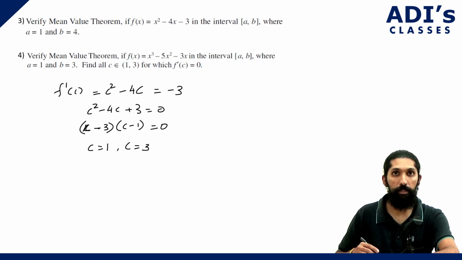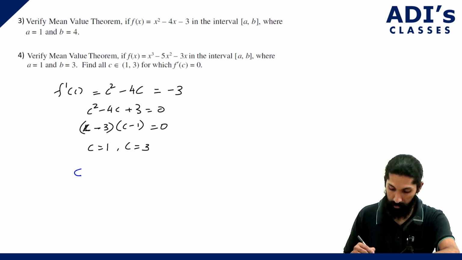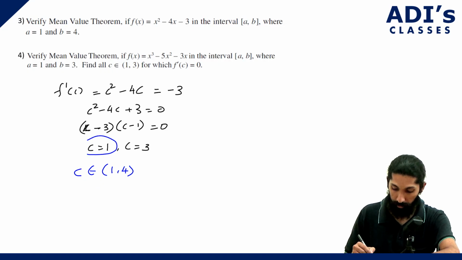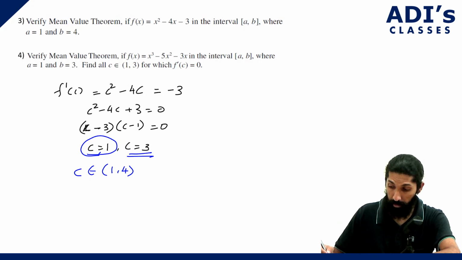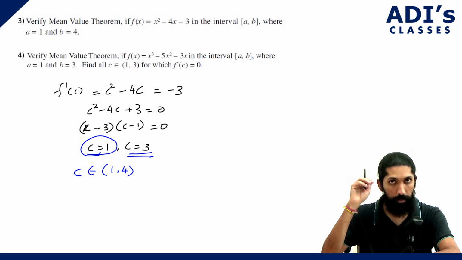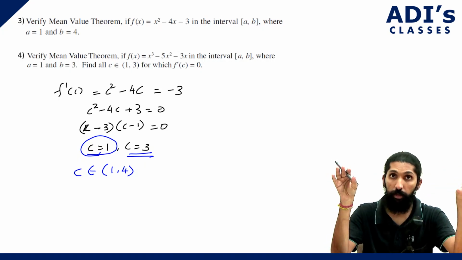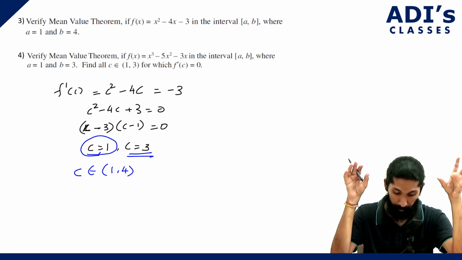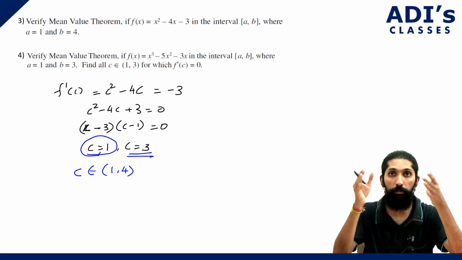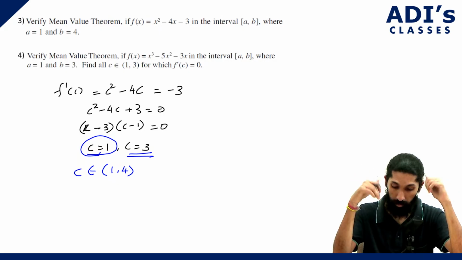Now, c belongs to the open interval 1 comma 4, so we cannot take the value 1, and we have c equal to 3. Even though 1 is present, it cannot be taken into consideration. 3 is the number which is between 1 and 4, isn't it? So between 1 and 4, we have the value of c. So this proves the mean value theorem. Fair enough? Let's do the next one.